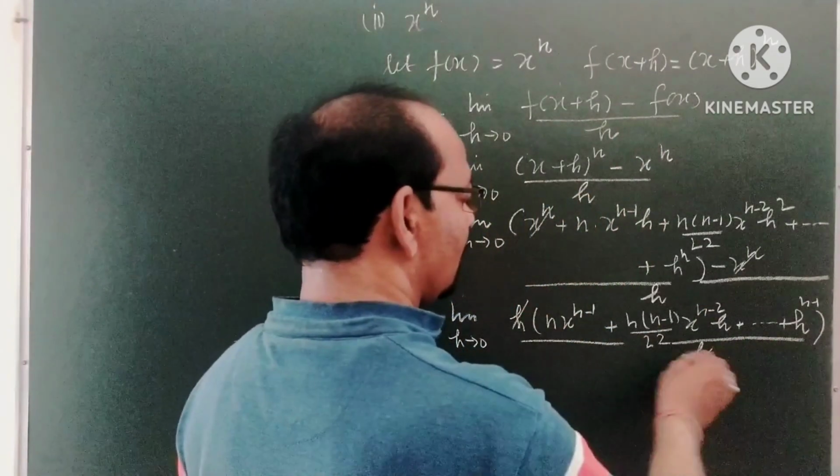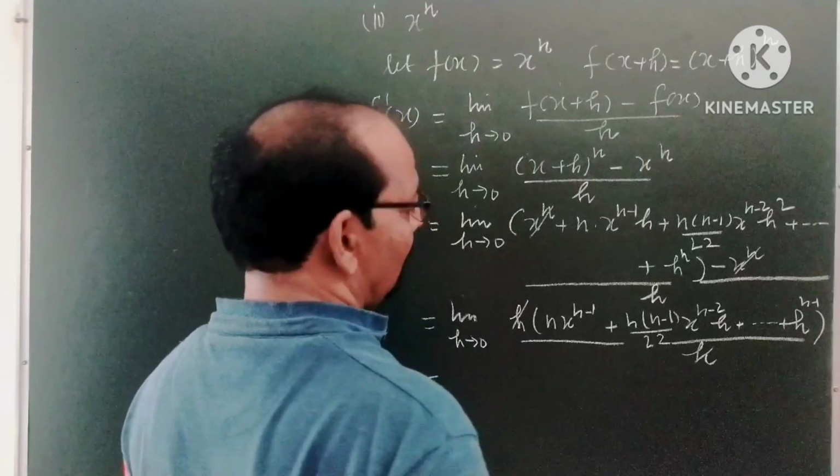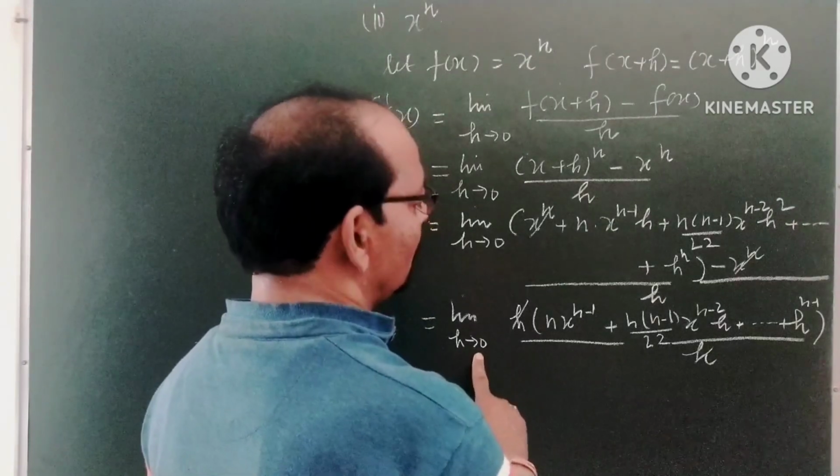H and h cancel. Put the value h tends to 0.